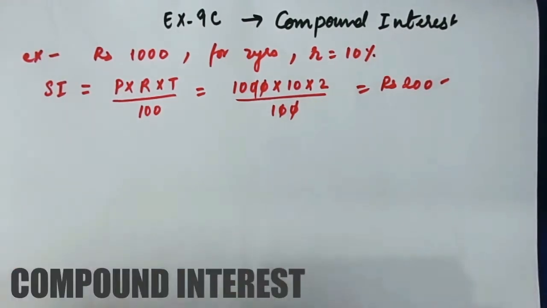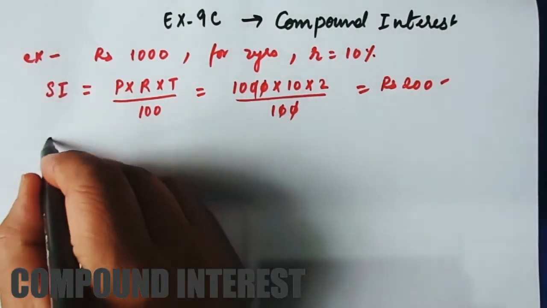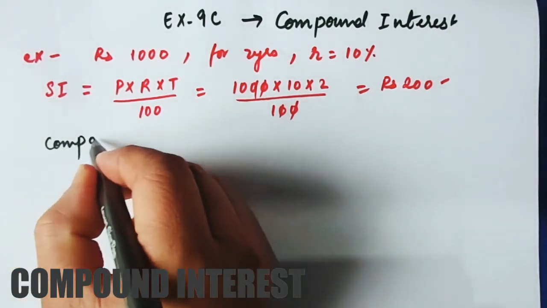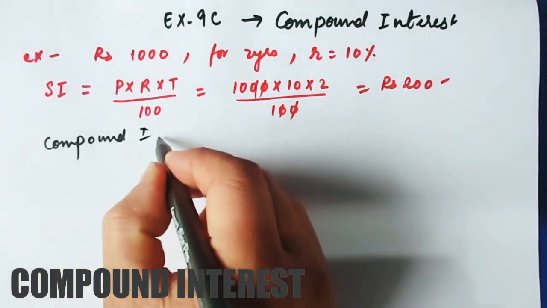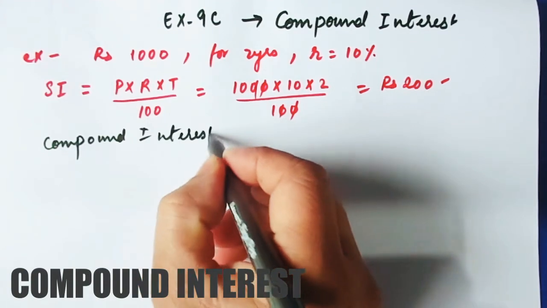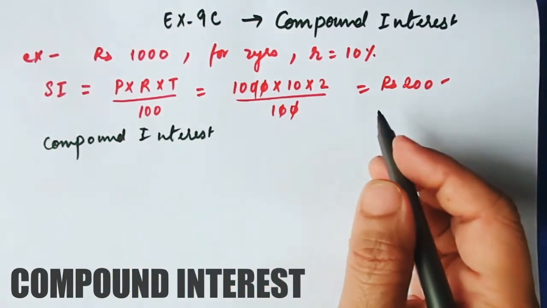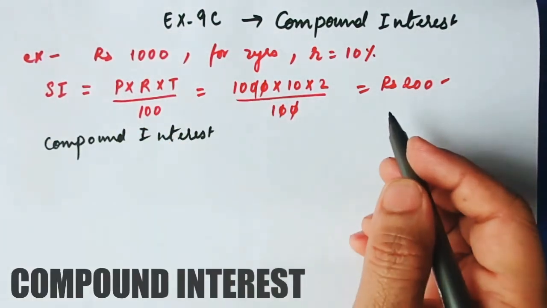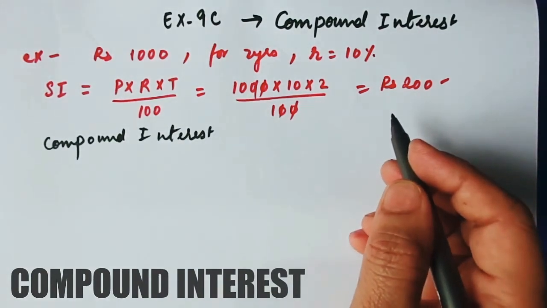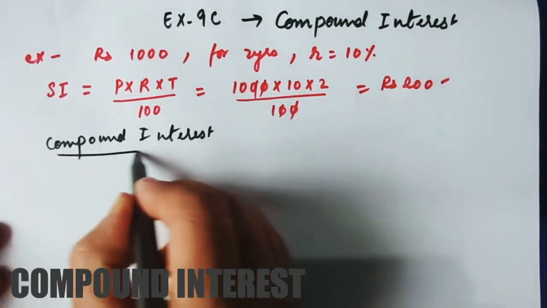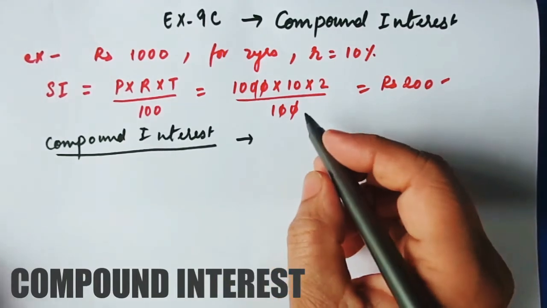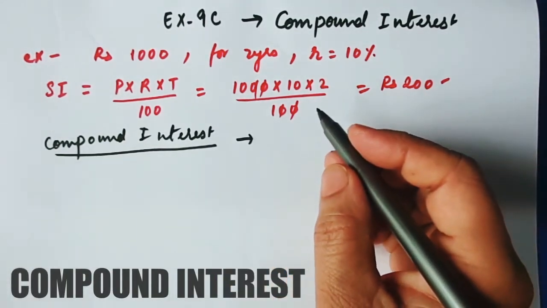Now, what happens when we find compound interest? Compound interest. So here what we found is that in simple interest the principal remains the same for every year, but in compound interest the principal for the next year changes.